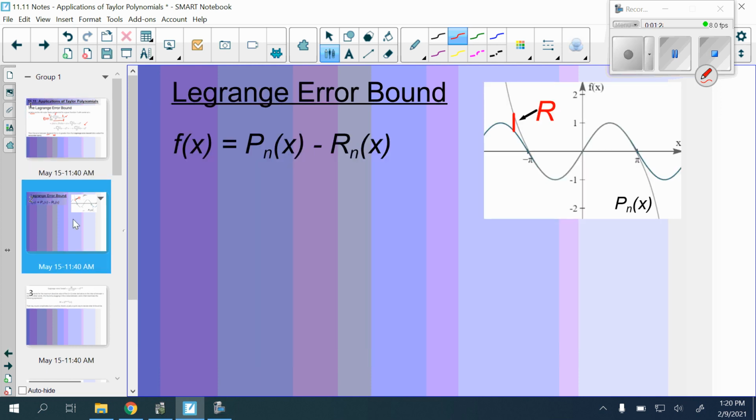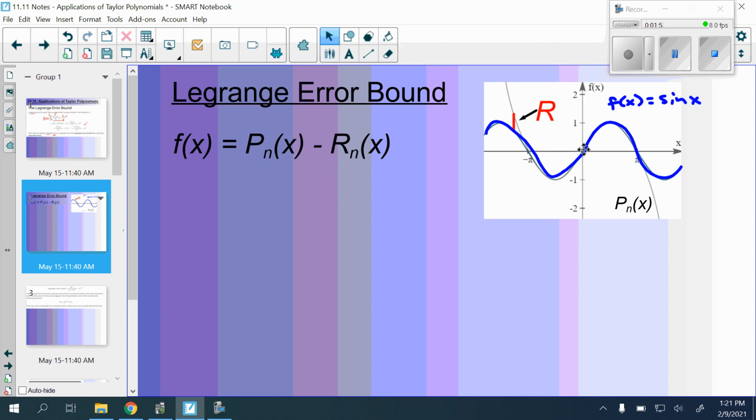What we mean by that is, if you look at the picture here, if we have some function, and it looks like our function is the sine function. So here's the sine function. In this case, that would be our f of x. We've seen this function before on previous videos. And then here is some P of n that is trying to approximate that.